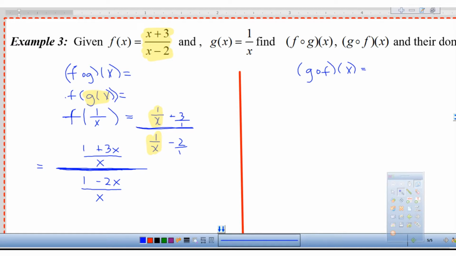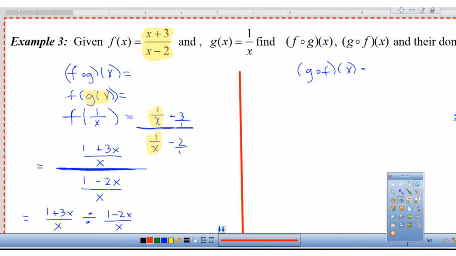Okay, now why do I keep saying keep track of that main fraction bar? It's because now you turn that main division bar into a division symbol. So write it as 1 plus 3x over x, now that main division bar becomes a division symbol, 1 minus 2x over x.